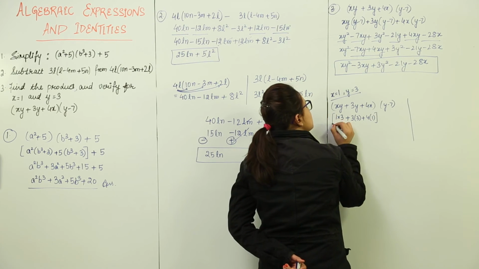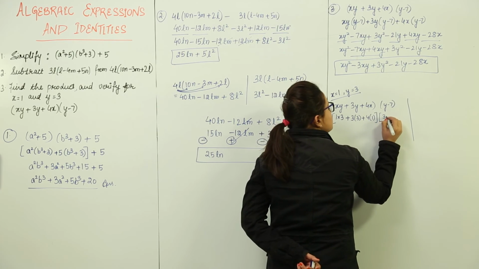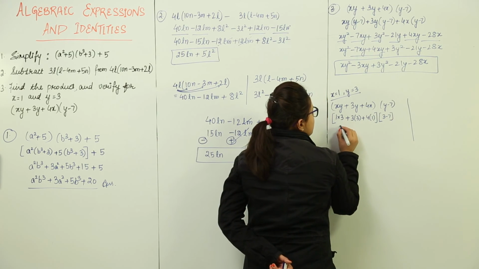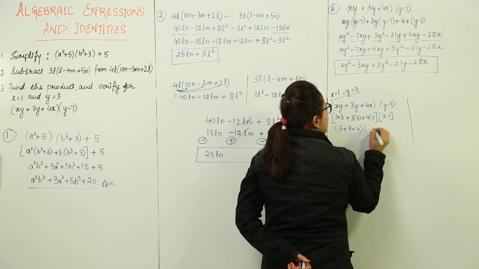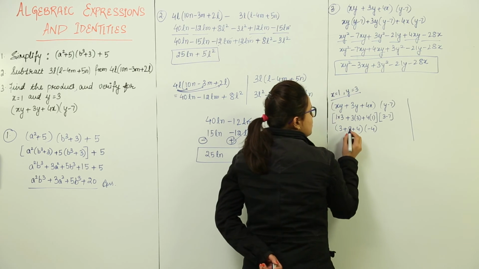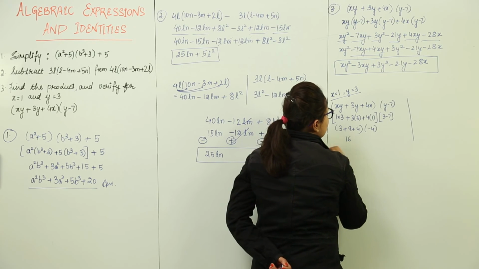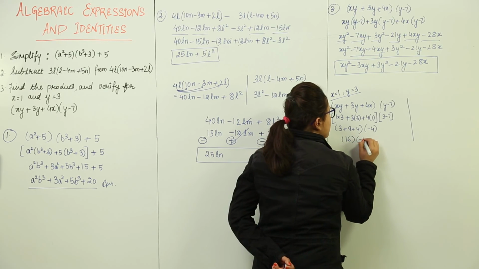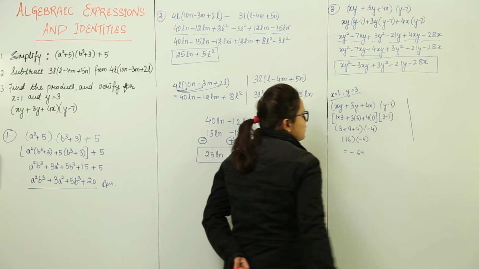This is the first expression. The next expression was y minus 7, that is 3 minus 7. This becomes 3 plus 9 plus 4 and this becomes minus 4. Now what is 9 plus 3 plus 4? It is 16. 16 into minus 4. That becomes minus 64. Right?